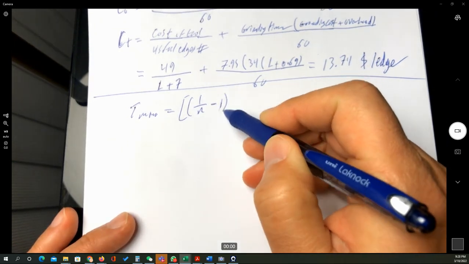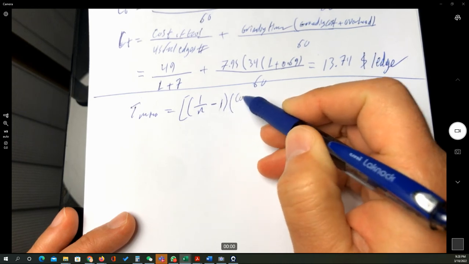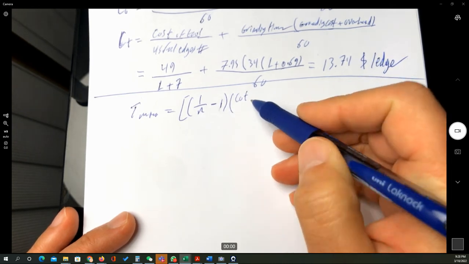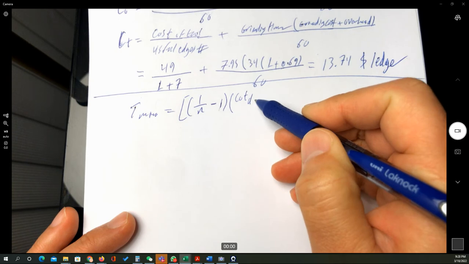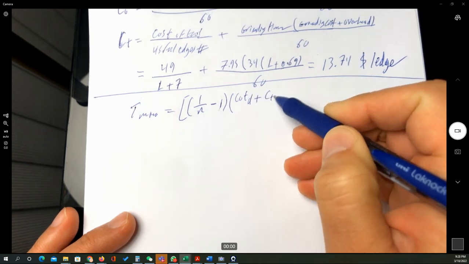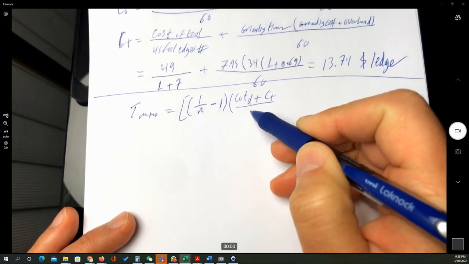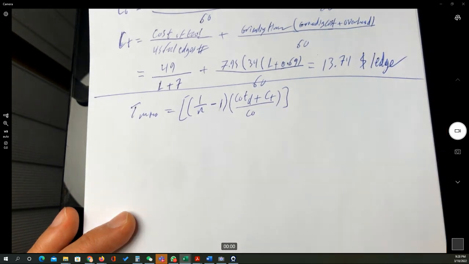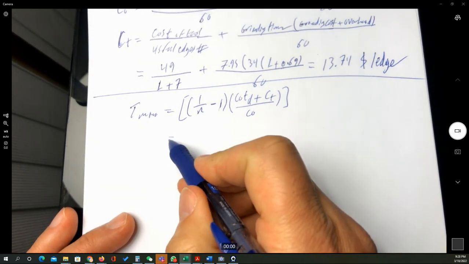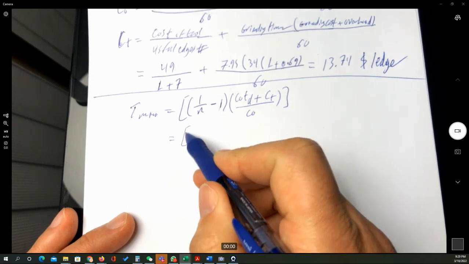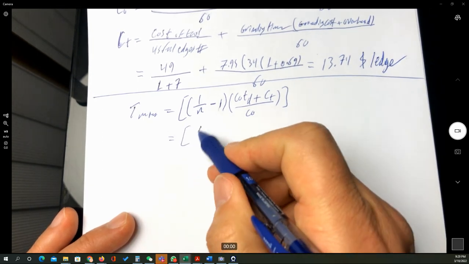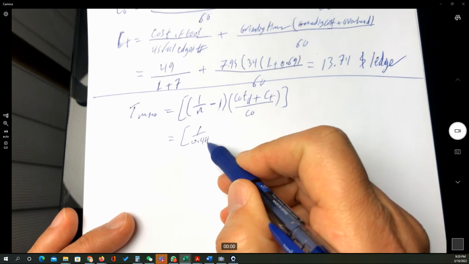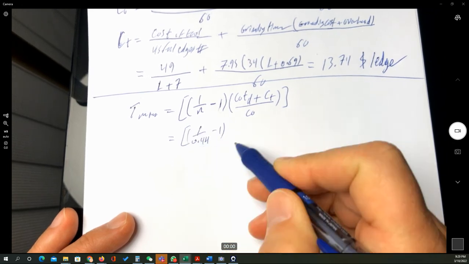Minus 1, multiplied by the CO multiplied by the TD plus the CT divided by the CO, and then close the bracket. If I substitute these values, I'm going to have 1 over 0.44 minus 1. That's what we have in the first bracket.